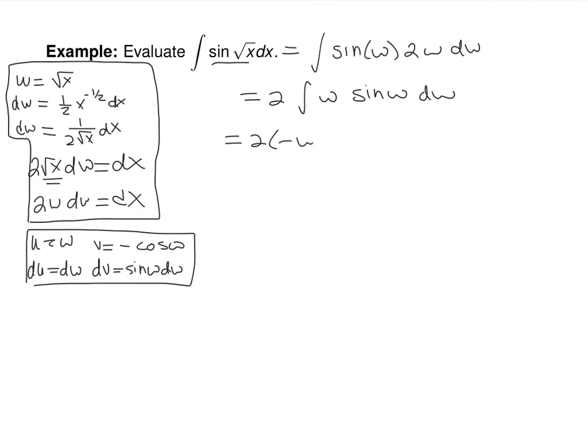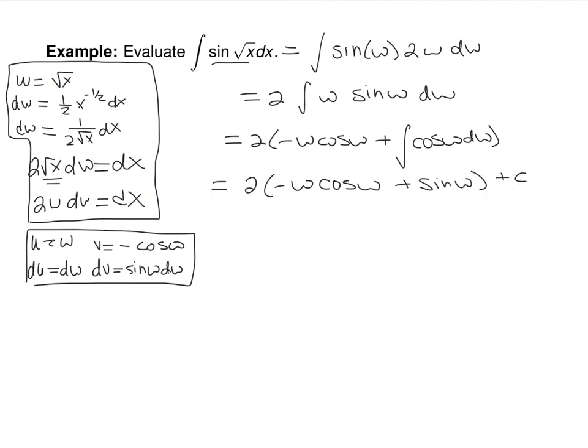So negative w cosine of w. Minus v du, so I'm going to say plus right away because I've got a double negative. So minus the integral of cosine of w dw. All right, so 2 times the quantity negative w cosine of w. Antiderivative of cosine is sine, so plus sine of w plus c.